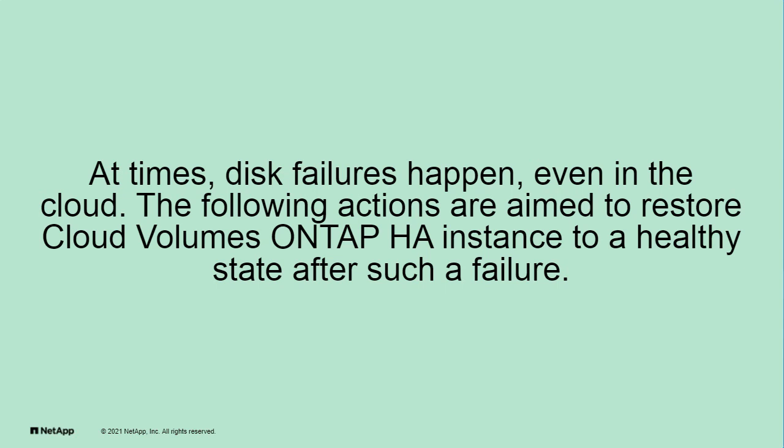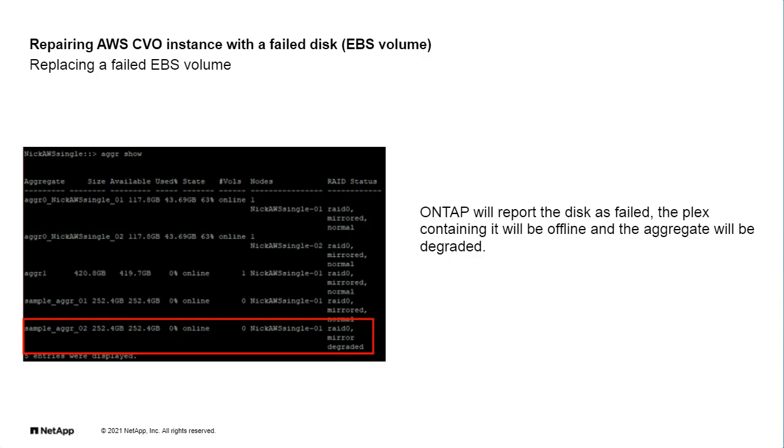So once this happens, let's say you have a failed disk, what will surely happen is the disk will be reported as failed in ONTAP. The Plex that's containing the disk will be taken offline, and the aggregate will be showing as degraded. And more than likely, if you're in an HA pair, you might see the node containing the spare disk being taken over.